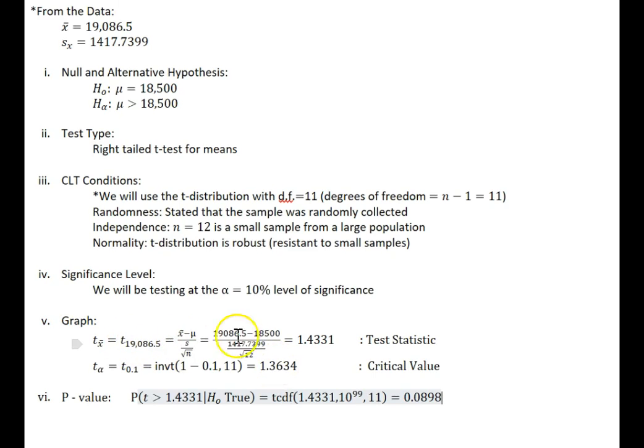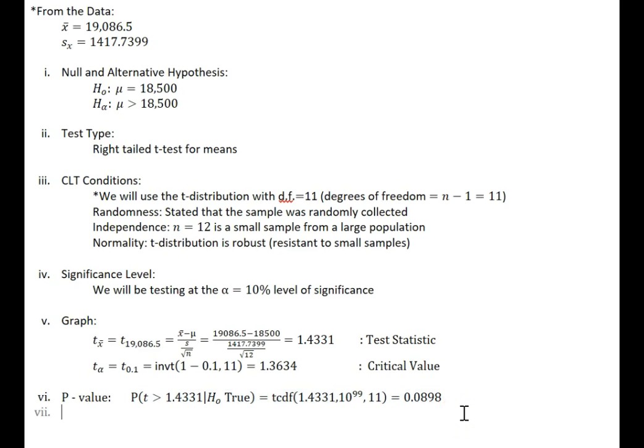My sample mean is too far from my assumed population mean. This 19,000 is way far away from this 18,000, right? Taking into assumption what my standard deviation is, right? So I'm past my critical value.